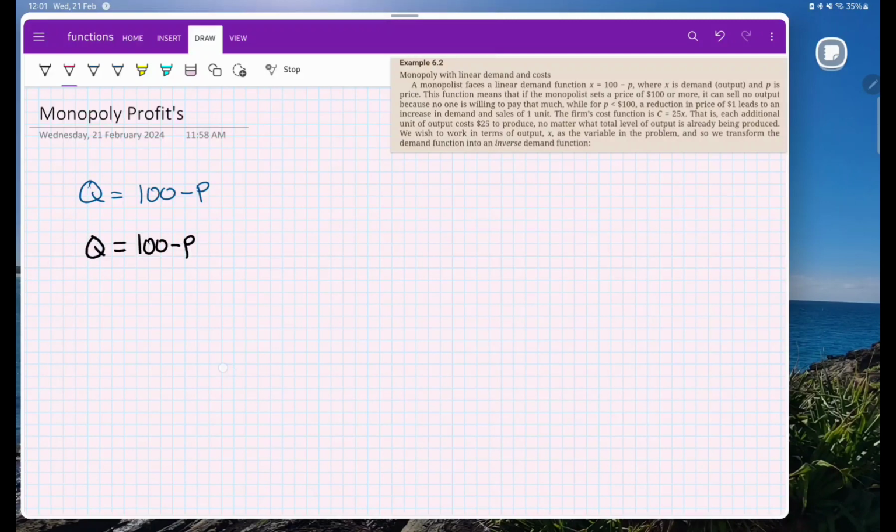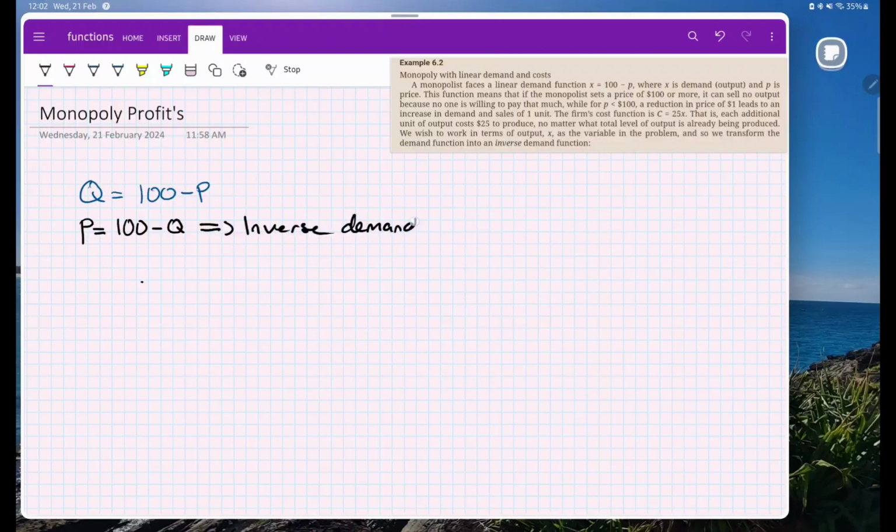So rearranging terms, subtracting q from both sides, adding p to both sides, p will equal 100 minus q. That is our inverse demand function.